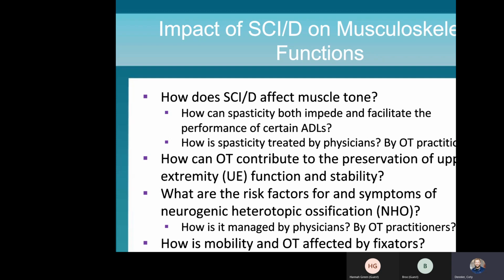The neurogenic heterotopic ossification, NHO, is experienced by the person that has the spinal cord injury, and it affects about 50% of the people that have a spinal cord injury. Normally, it will affect joints at or below the level of the injury, and it causes very limited range of motion.